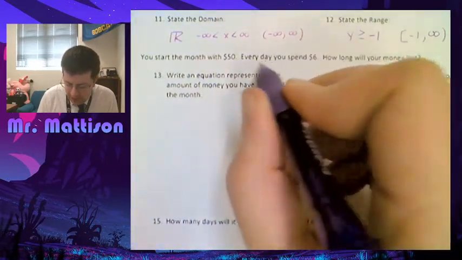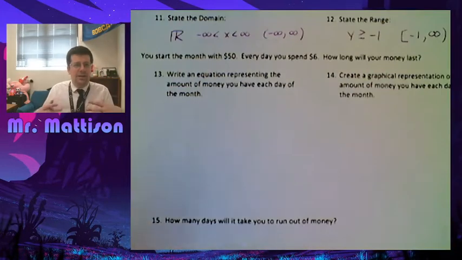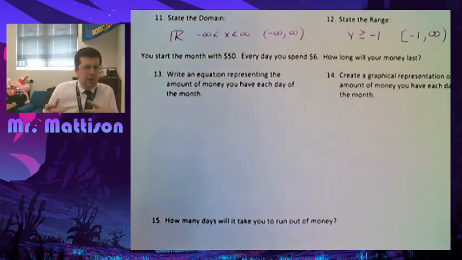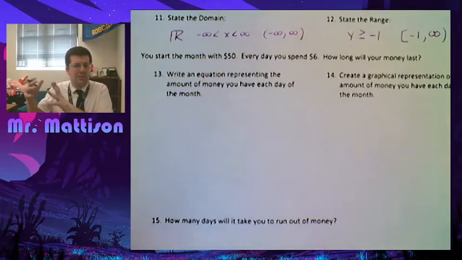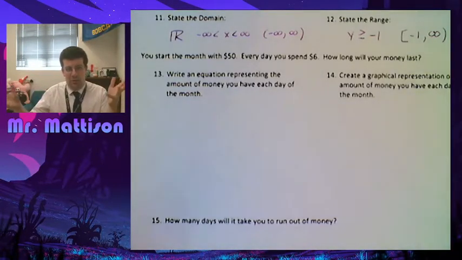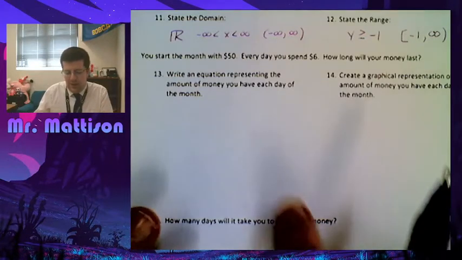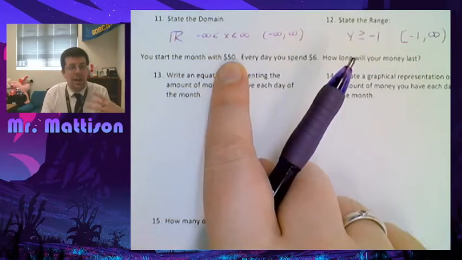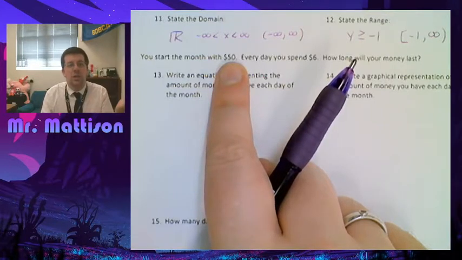So whenever I see my rate, that's my slope equation-wise, right? All slope is a rate of change. Slope's more of a graphical term, whereas rate of change is more of a real-world situation term. So I'm losing $6 per day. That's my rate of change. And I'm starting at 50, so that's where my initial point, or when my x value is 0, that's my y-intercept.